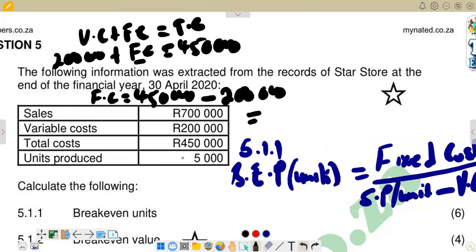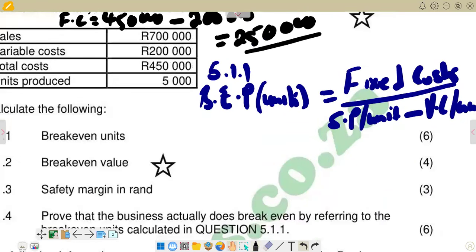If you calculate, you are going to get 250,000 as your fixed cost. So we put our fixed cost there as our numerator: 250,000 is our fixed cost, divided by our selling price per unit.